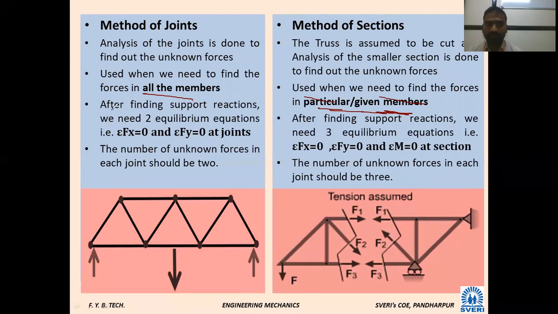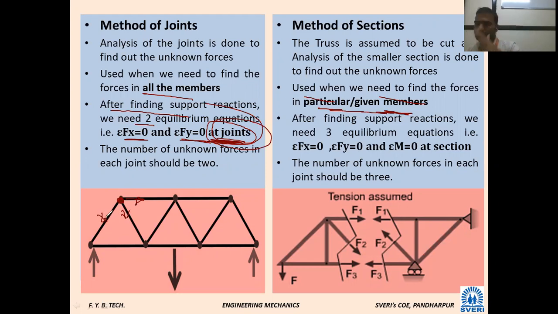After finding the support reaction, we need two equilibrium equations, that is sigma fx is equal to 0 and sigma fy is equal to 0 at a joint. At a joint is very, very important. See, if I consider this point, there is one force, one member, another member, which means there are only three forces passing.